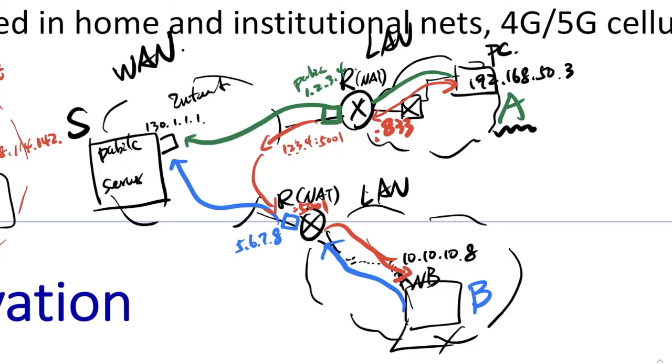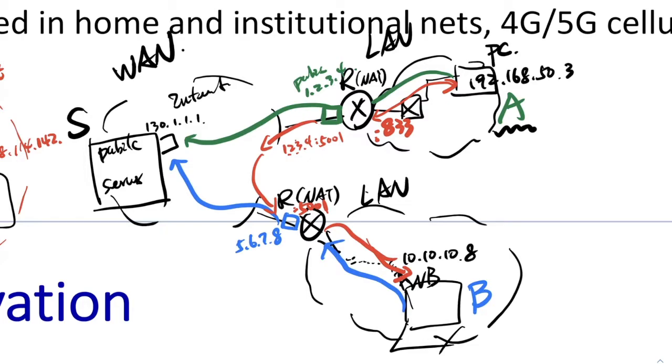So it is impossible for user A to talk to user B directly when they are both hidden behind their own NAT servers.